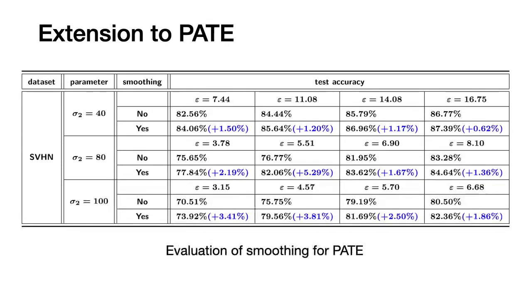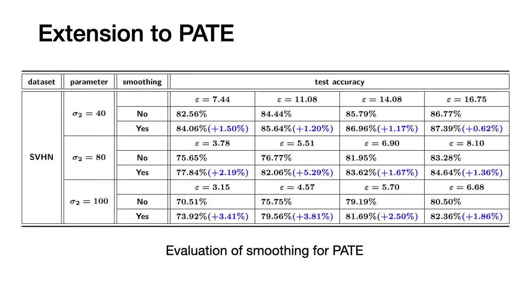In PATE, teacher models are first trained independently on disjoint subsets of private data. Then the ensemble of teacher models is used to label the public data in a differentially private fashion. The labeled public data are eventually used to train the final model.